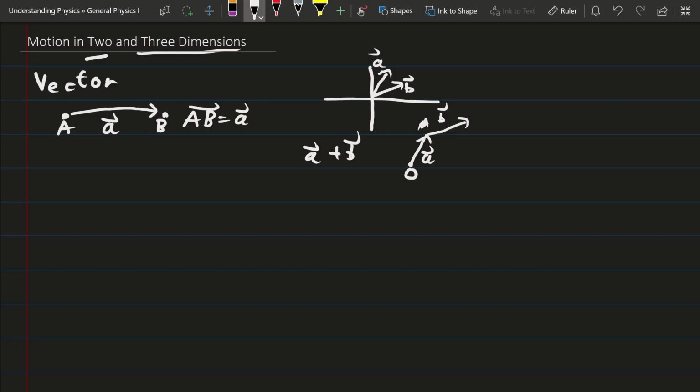And so you will move a total of A vector plus B vector, which you can see by looking at your millimeter block.